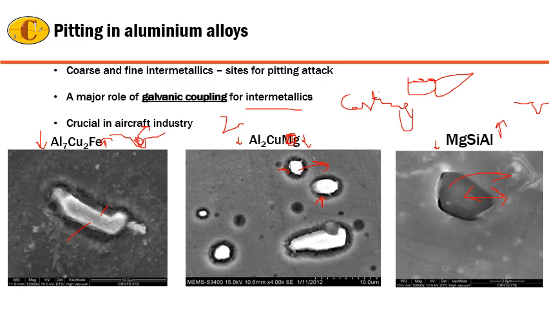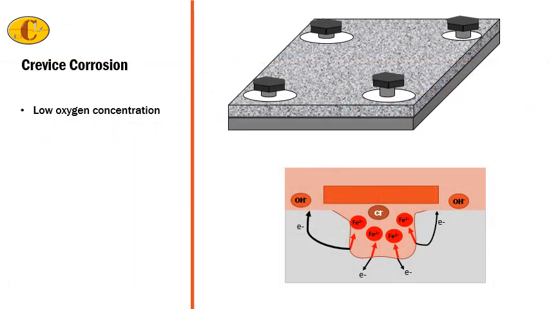The next type is crevice corrosion. Crevice corrosion is like a subtype of pitting corrosion. So you have pitting happening, but in this particular scenario, if now you put a washer, a crevice is formed between the stainless steel and the washer. Here the oxygen content is going to be low.